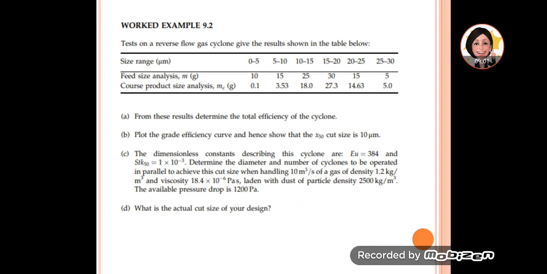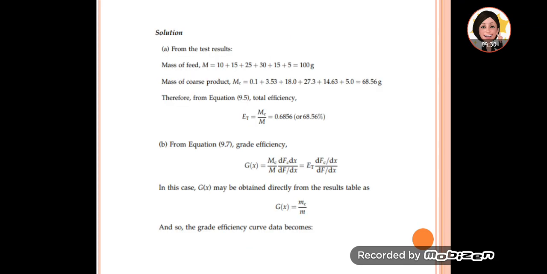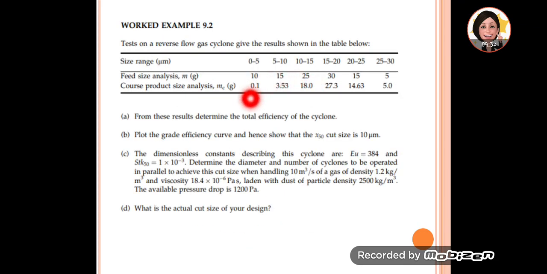Next we are looking to determine the diameter and number of cyclones and the actual cut size. This part is calculated just to use this equation. So how do we get this information? From the question, this is the mass of the product.